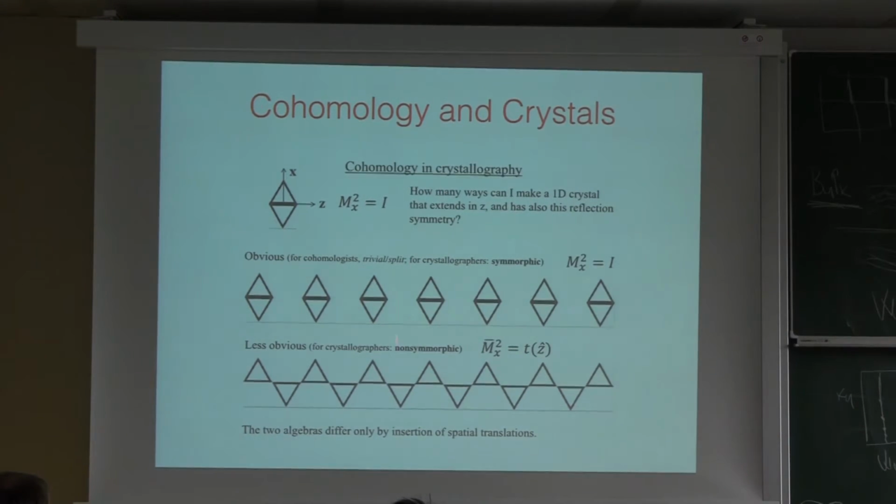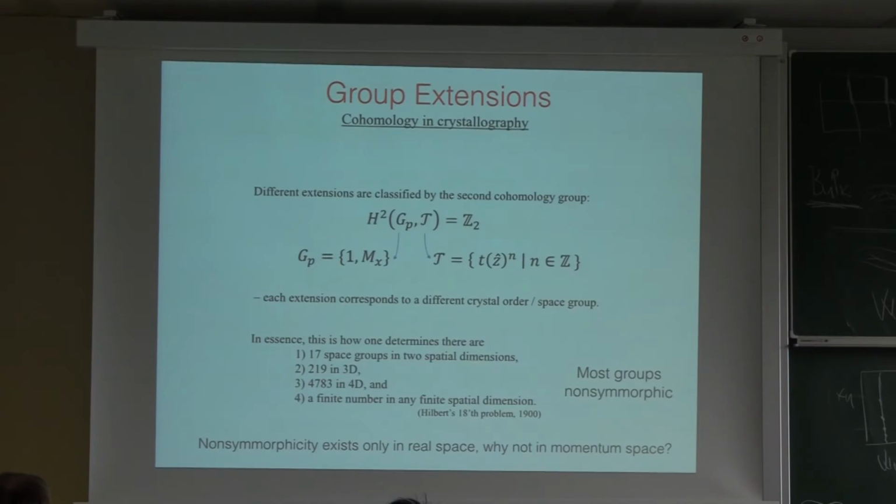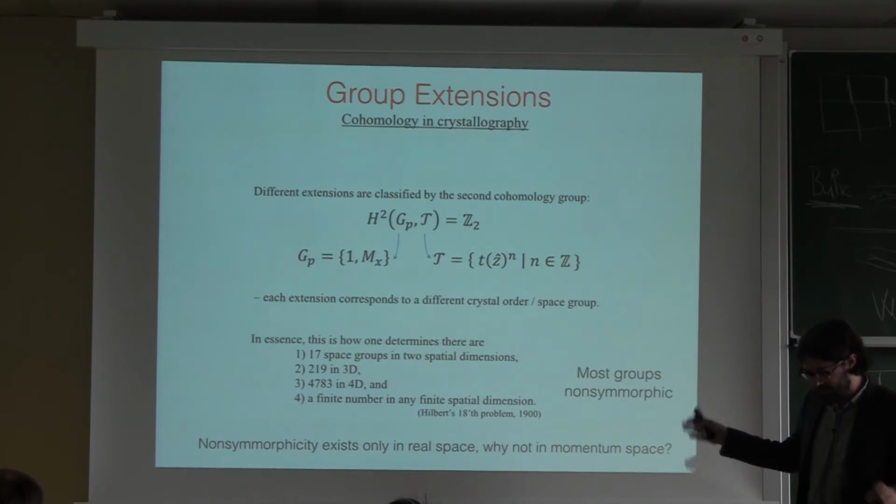So these are the two ways of enhancing this. This is a repeat slide. This is just the two ways of enhancing the mirror squared by translations in real space. Okay, and just as an aside, you can actually compute how many ways you can enhance mirror by translation, and that's just given by the second cohomology group. So in any case, that's just the math talk.